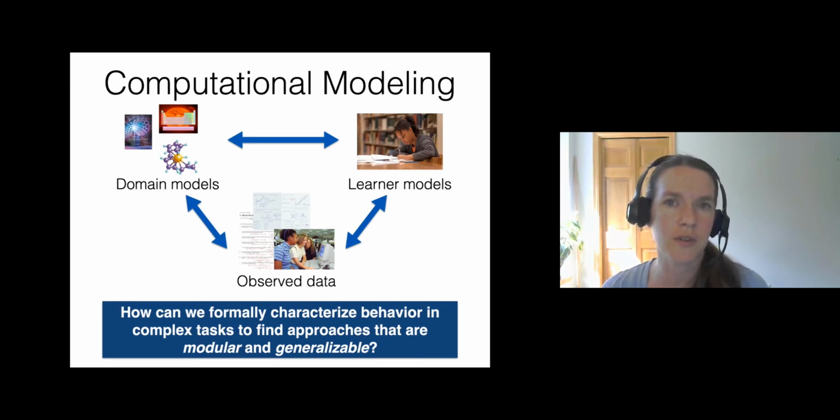I'll draw on approaches from machine learning and statistics, where we can use some sophisticated modeling approaches that apply to lots of different situations. That's one of the benefits of formally characterizing the behavior. And also having a goal of sometimes developing methods that might be applicable back in other contexts of machine learning, based on the specific nature of the educational data we're working with.